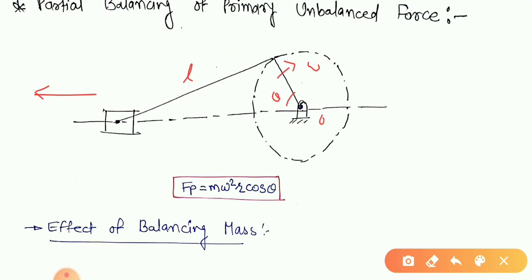Now here, suppose there is a mass which is to be balanced. Its magnitude is equal to m omega square r.